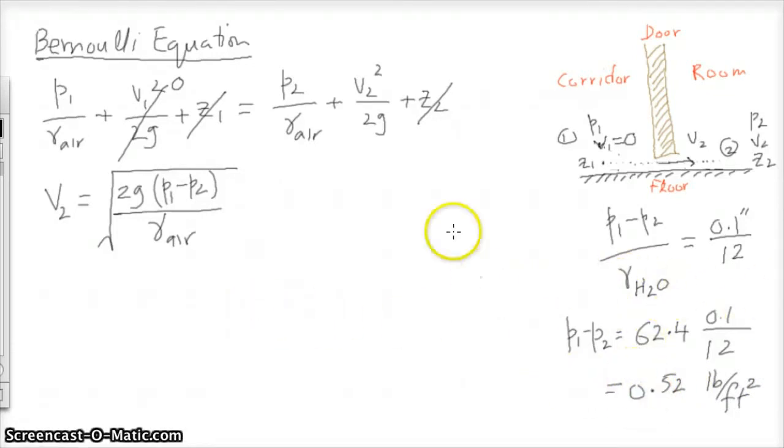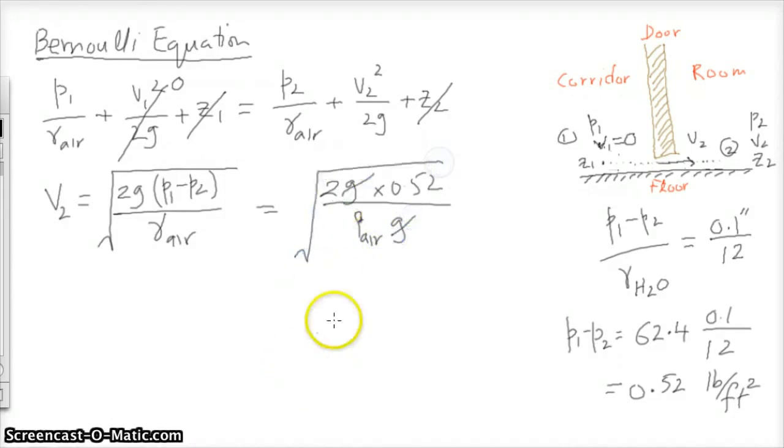And we can use this number in this equation, which is 2g times 0.52 divided by gamma air, which can be written as rho of air times g, where g can be cancelled, further simplifying.